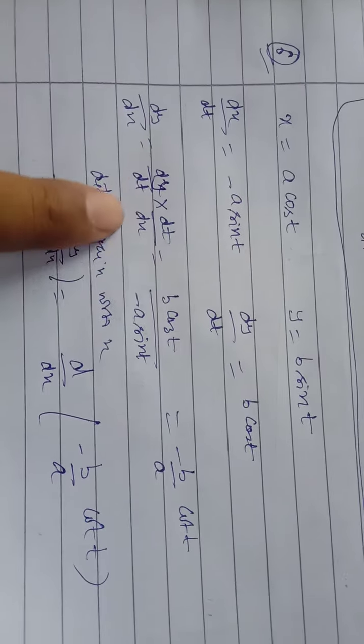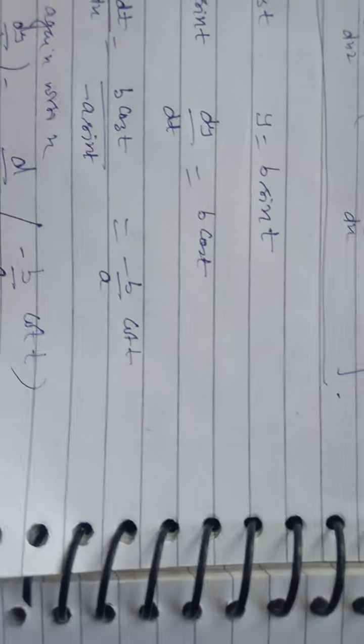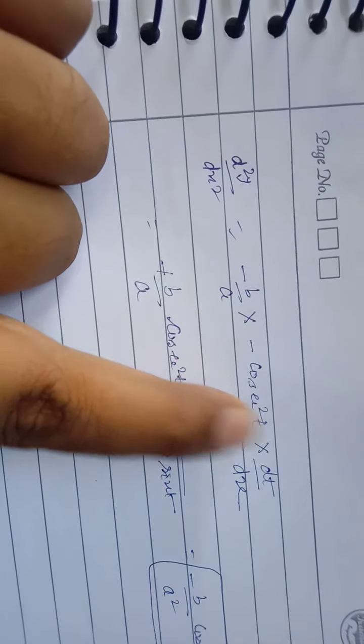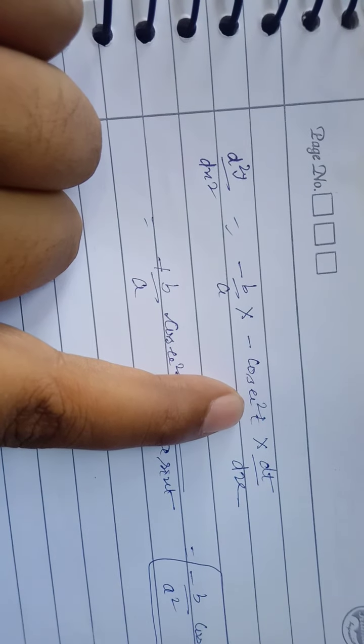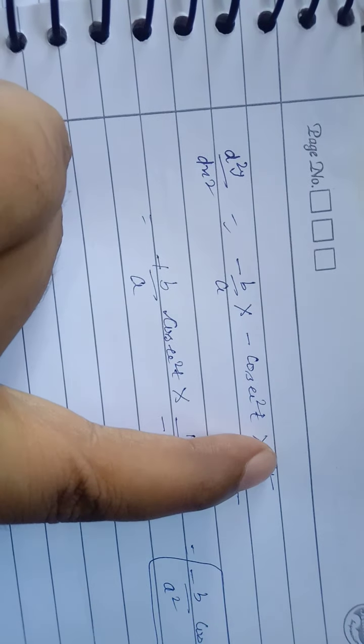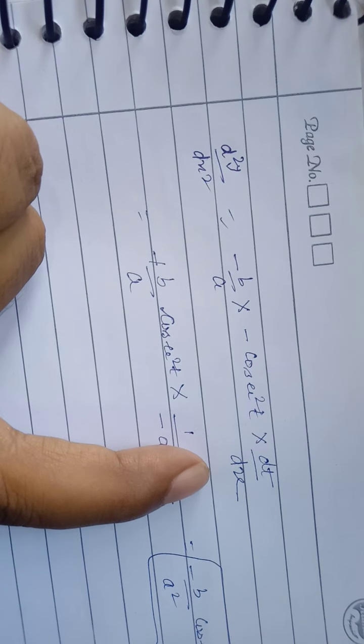So this will become d2y upon dx square, and its derivative is minus b by a, derivative of cot t is minus cosecant square t, because the function is in t and we are differentiating it with respect to x. That is why a new factor dt upon dx will appear.